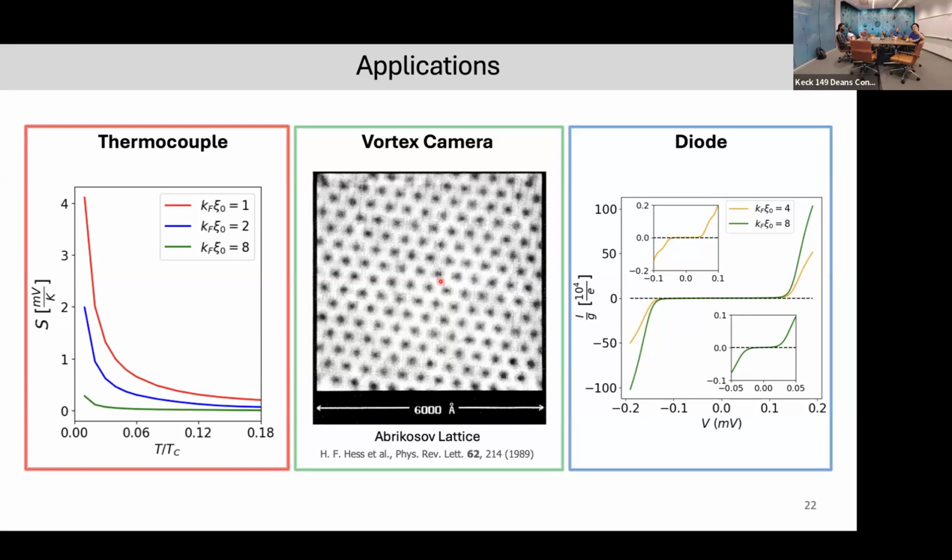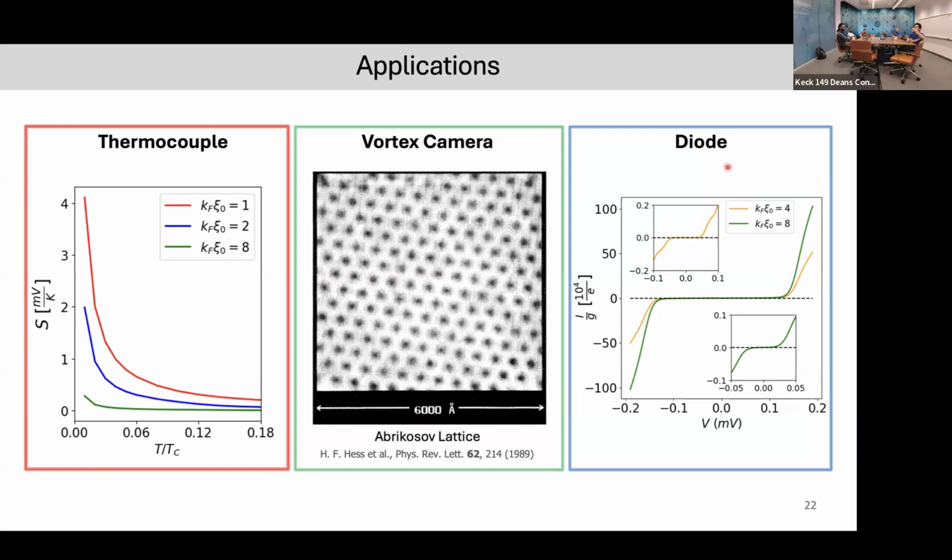And if you have a bunch of fluxons in a relatively symmetric pattern, which you can get with an Abrikosov lattice, so if there is a high enough magnetic field applied across the superconductor, the vortices form a lattice-like structure where you can identify the location of each vortex. And as I told you, you can measure the response of single photons impinging on it. So in a way, each of these vortices can act as a pixel in a camera, and you can get an image of the photonic field that you have.